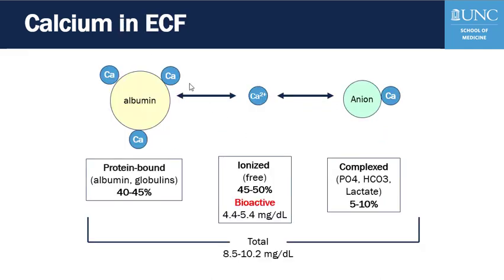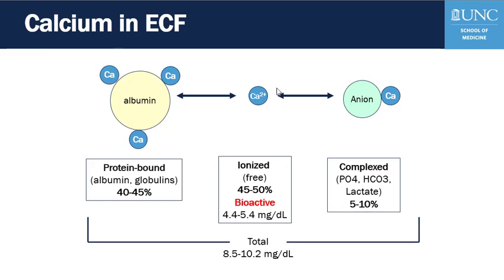And calcium in the ECF exists in several different forms. So shown on the left is the protein-bound portion of serum calcium, which is about 40 to 45% of the calcium in the ECF. On the right side of this slide is complexed calcium, meaning that calcium is joined to phosphate or bicarbonate or lactate, and this accounts for about 5 to 10% of serum calcium.